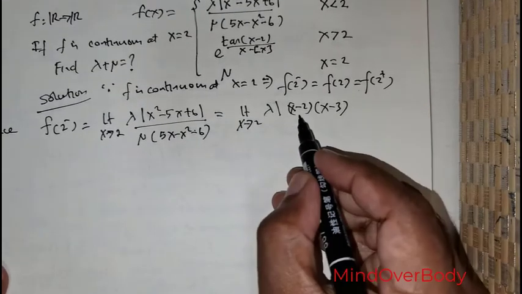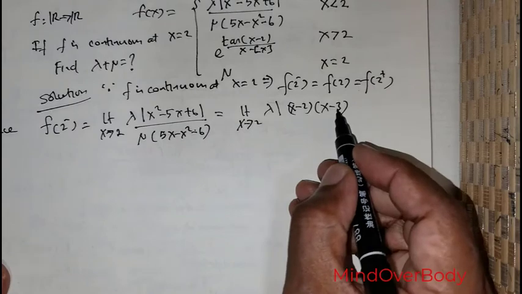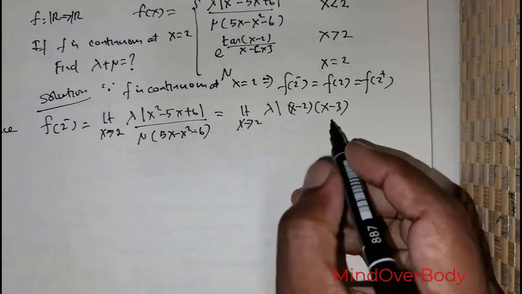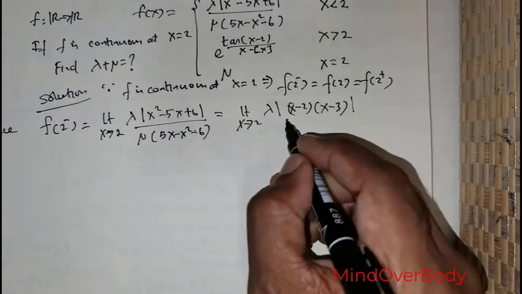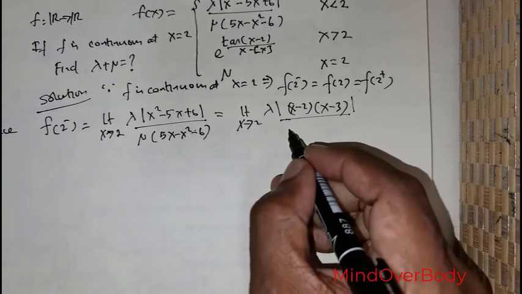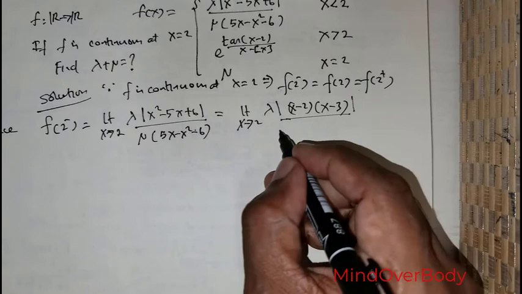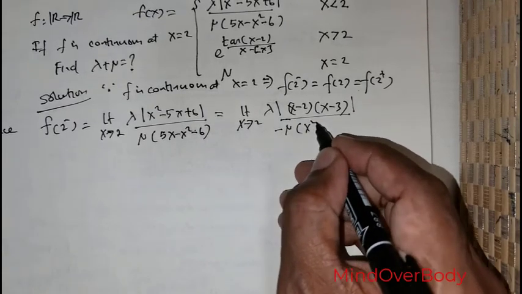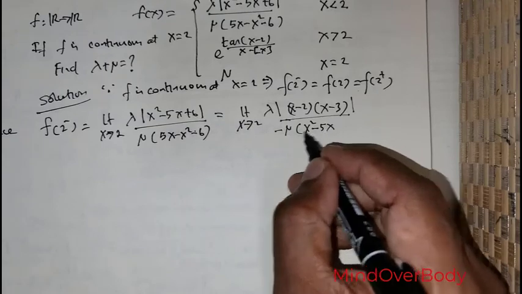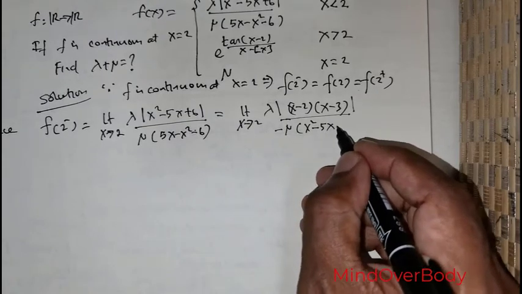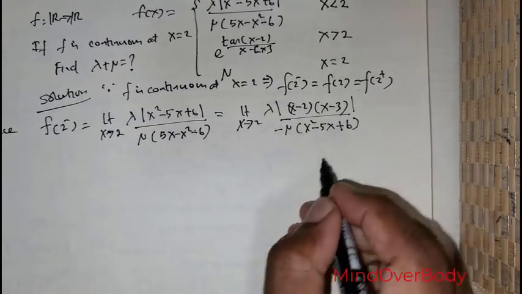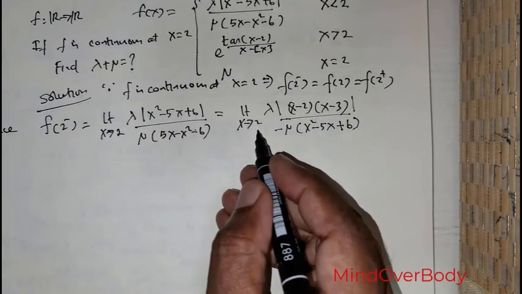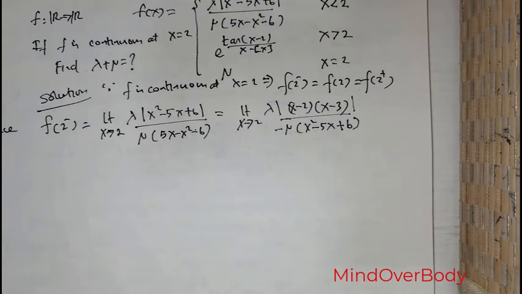So minus 2x, minus x, that's minus 5x, and okay, that's fine. So it's present inside the modulus. So this has to be divided by, I'm taking a negative sign out here, so negative mu times x squared minus 5x plus 6. Now x is actually going to 2.